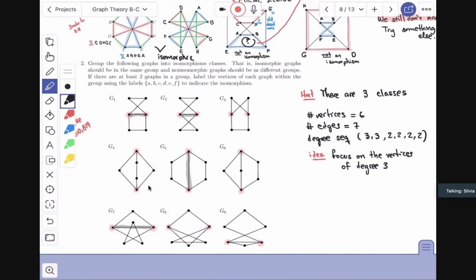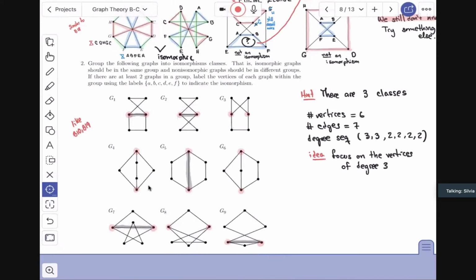In G7 they are, not in G8, and in G9 they are. Okay? So far, 3, 4, 6, and 8 have a chance of being isomorphic. 1, 2, 5, 7, and 9 have a chance of being isomorphic. But the ones where the 2 red vertices are adjacent are definitely not isomorphic to those. Make sense? So that's one step.